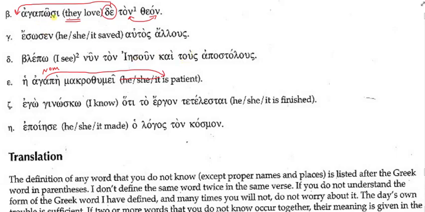And the subject is plural, isn't it? And tantheon is singular. All right. What about gamma? I have essosin, he, she, or it saved, autos, alus. So, what case is autos here?